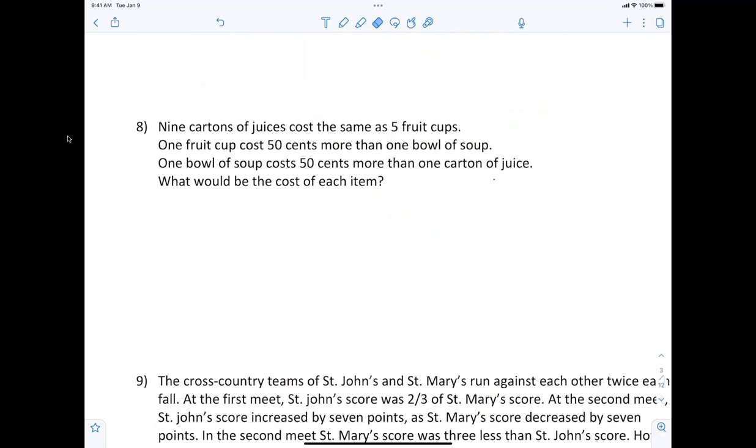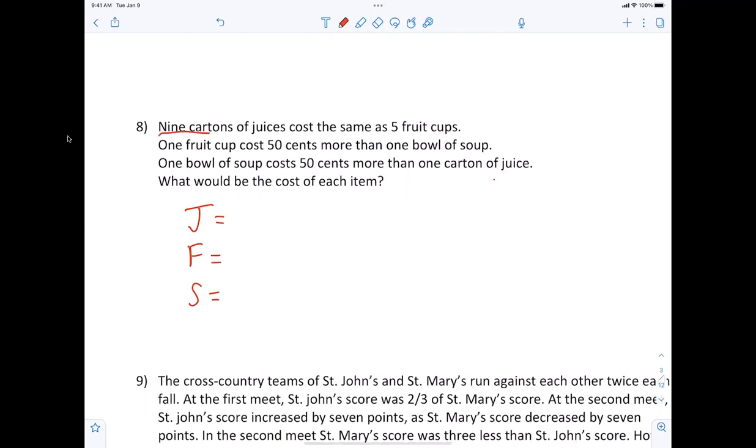All right, come on now. What does it say right off the bat? Here's the fruit cup. Right, so we're going to have juice cups, I agree, and fruit cups. Oh, and what? Soup. And soup. All right, here we go.